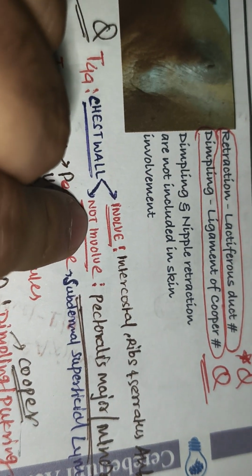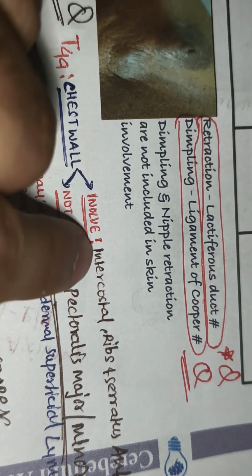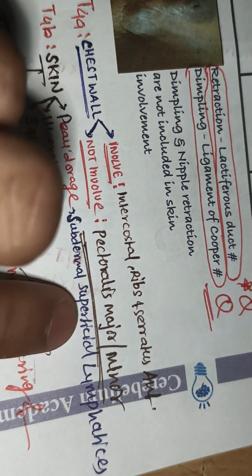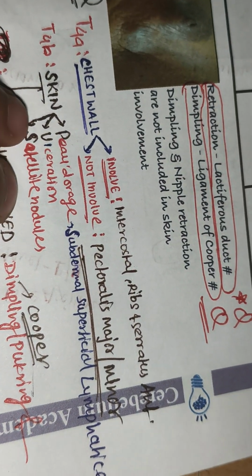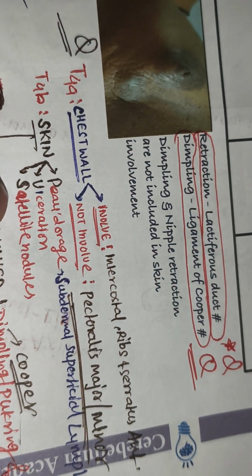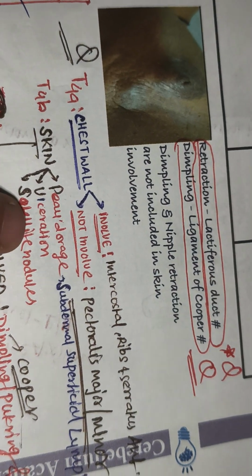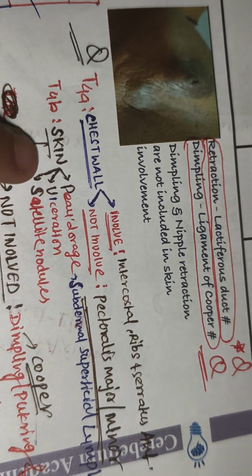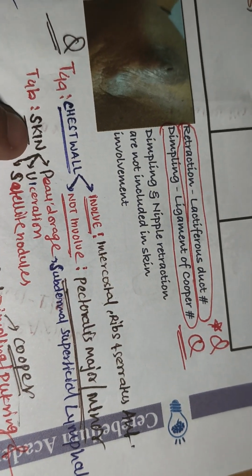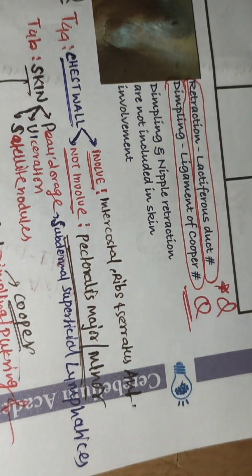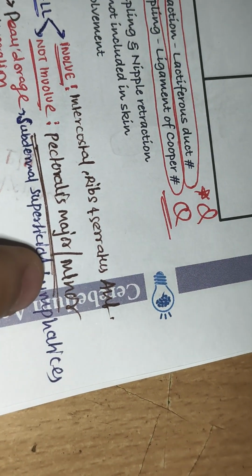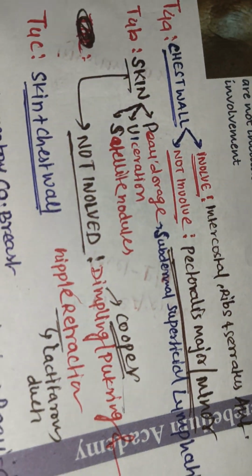In T4a, chest wall involvement includes intercostals, ribs and serratus anterior, but does not involve pectoralis major or minor. In T4b, skin involvement: edema, peau d'orange, ulceration and satellite nodules. S is for skin or S is for second; the second alphabet is B. Peau d'orange is due to subdermal superficial lymphatics.